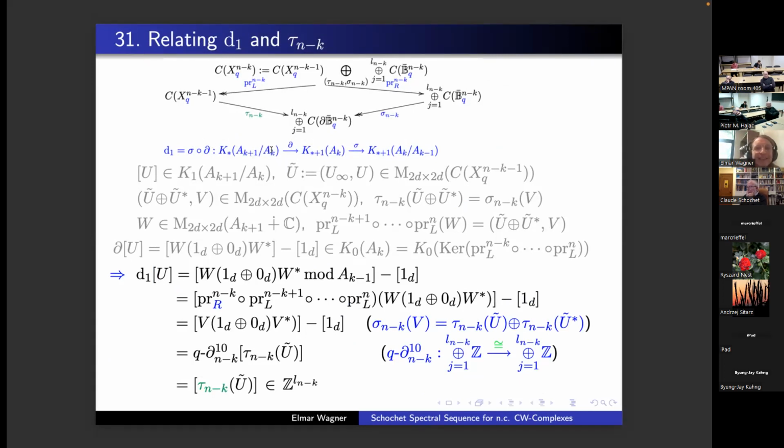So we have to take our element and extend it to A_{K+1}, this is W. Then we squeeze it in a projection.